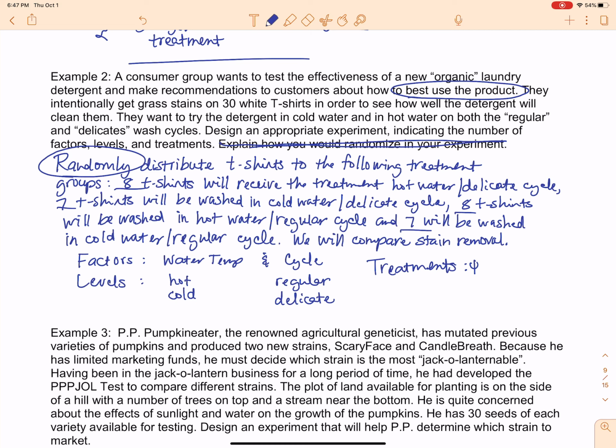They don't have to be the same. And then you're telling me what we're comparing. So those are the important pieces in your description. Those all have to be there. And of course, for this particular problem, you were asked to indicate the number of levels and factors and treatments. So there are 2 factors, and there are 2 levels within each factor, so there are 4 treatments. All right, score.